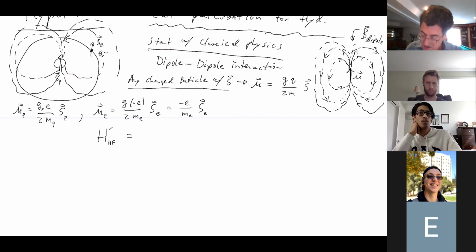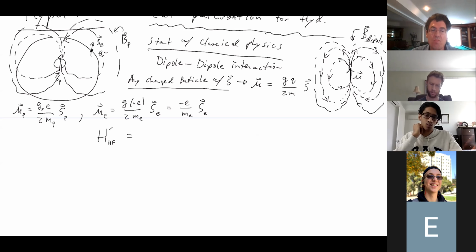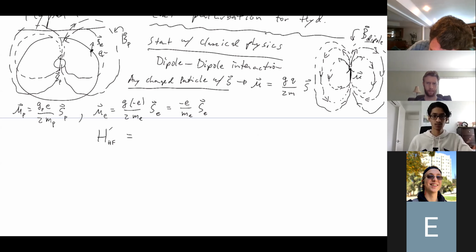And that's going to be, well, if this is the B field due to the proton, called B sub P, what is the energy of interaction? Somebody tell me. I'll just be drawing these arrows and fixing my picture.